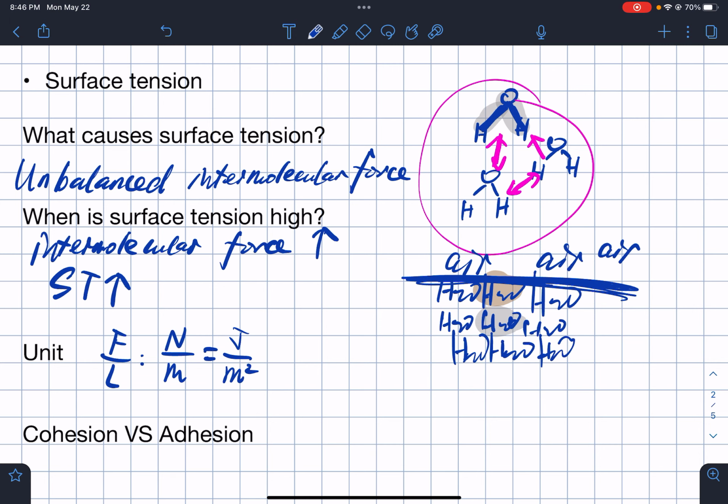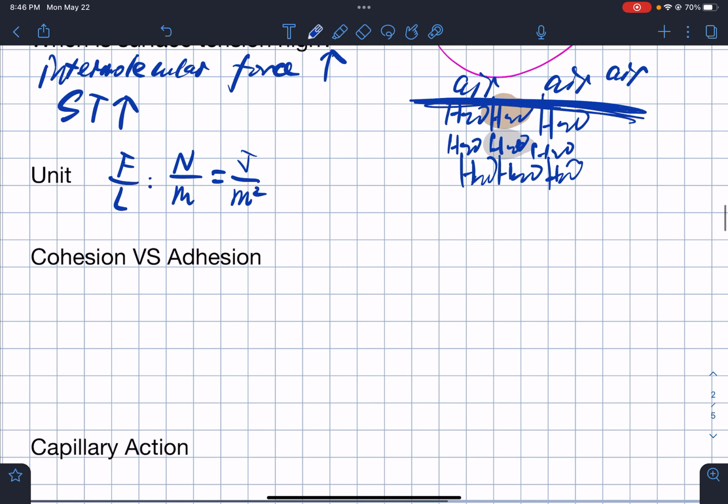All right, now let's move on to cohesion and adhesion. What is a cohesive force? Cohesive force is basically the intermolecular force we've been talking about, that links the molecules together and generates the surface tension. If a thing has strong cohesion, it has a very strong intermolecular force. For example, mercury. Actually, let's discuss adhesion first before we move on to the example.